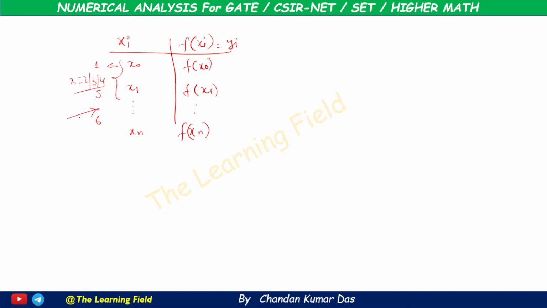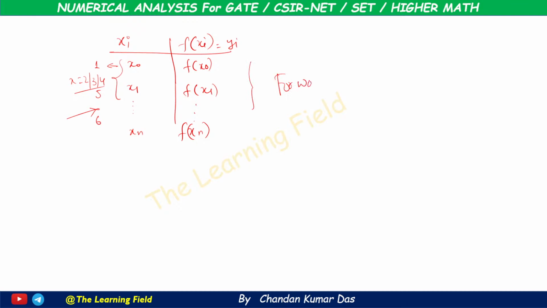If the value of the point which we have to find lies at the starting side of the table, then we use forward interpolation.